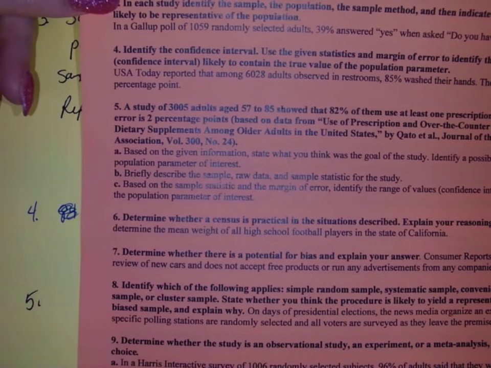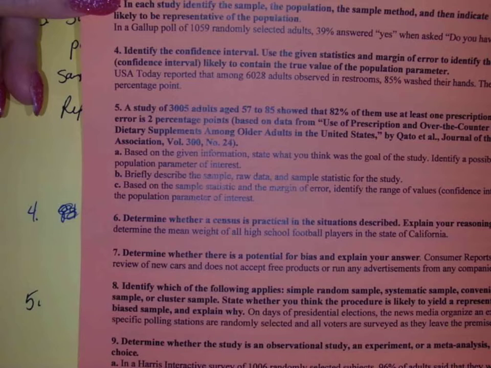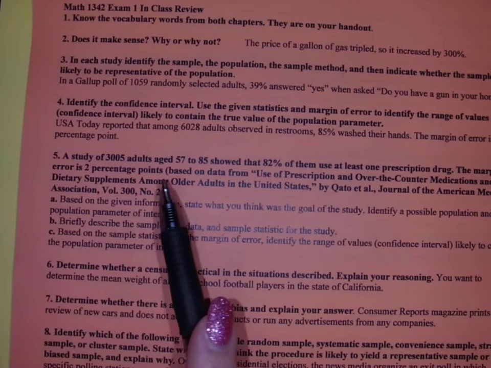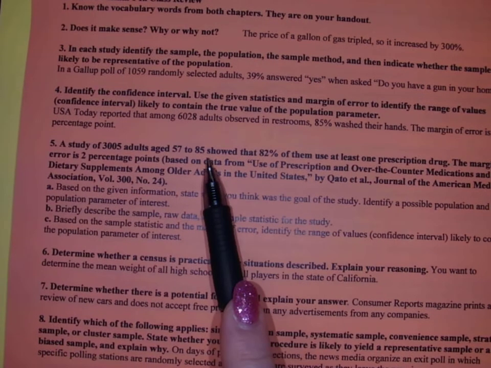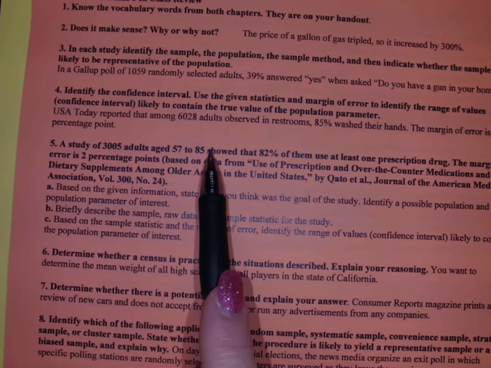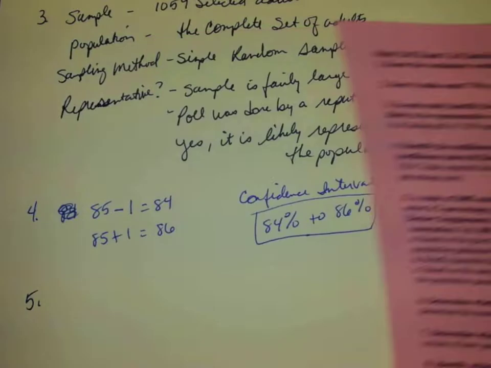Based on the given information, state what you think was the goal of the study and identify a possible population and population parameter of interest. Well, it looked like they were trying to determine if the adults aged 57 to 85 used at least one prescription drug.